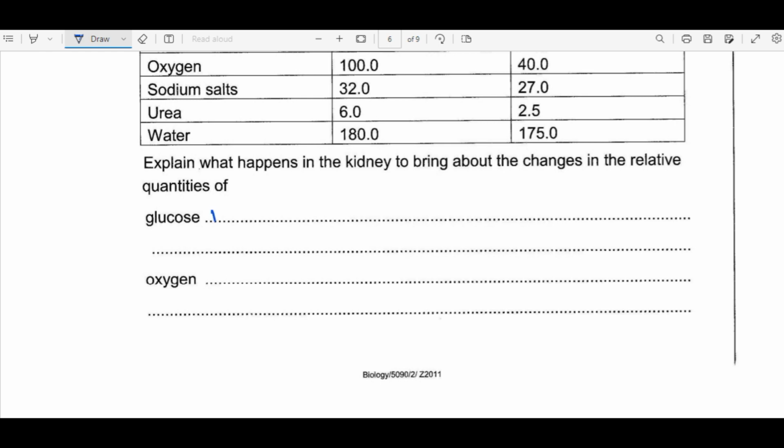So we'll say glucose is used by the cells of the kidney for energy purposes. The key point is the kidney needs energy to do its work.